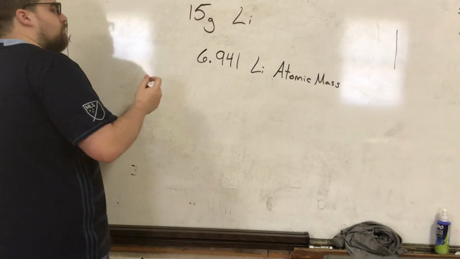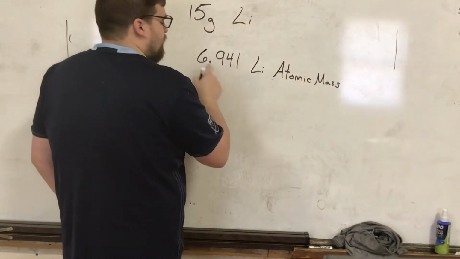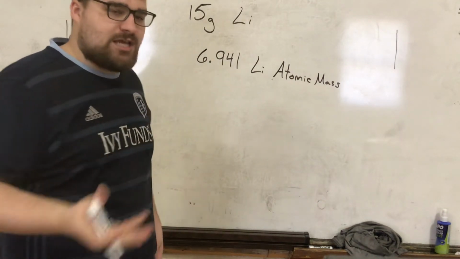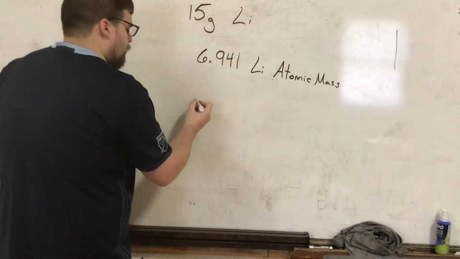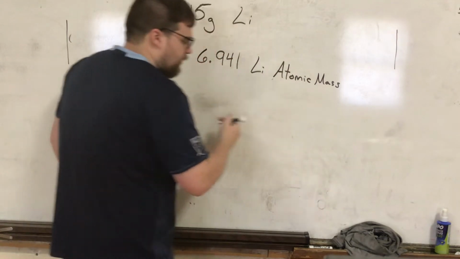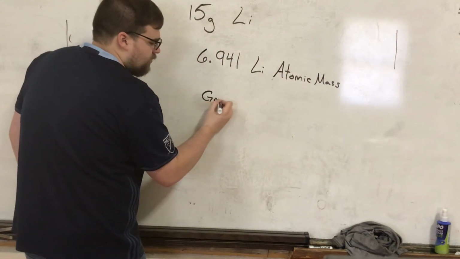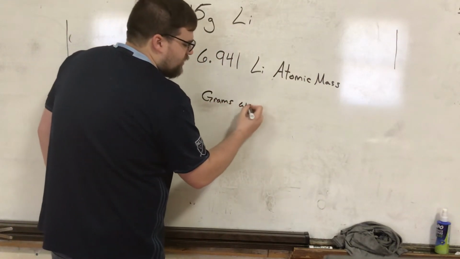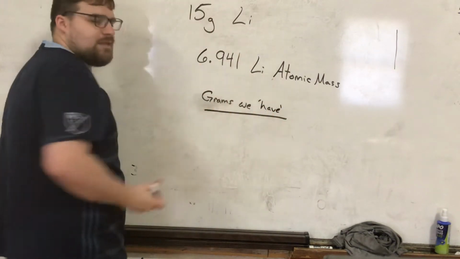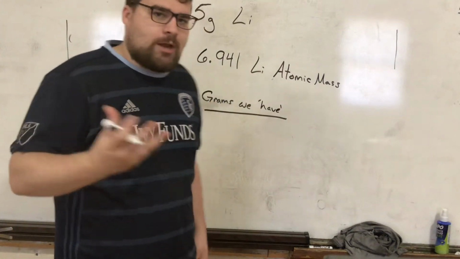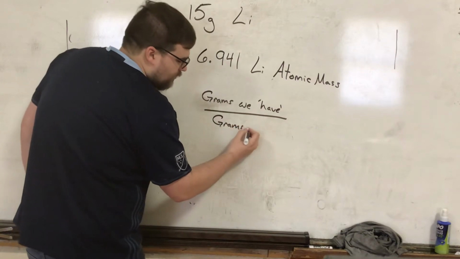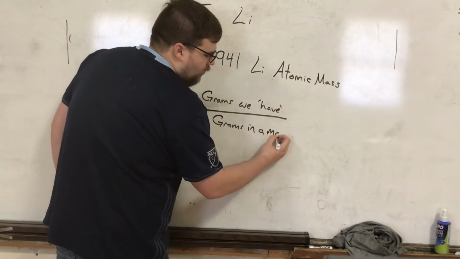So if we have 15 grams, and we know there's 6.9 grams in 1 mole, and we want to know how many moles we have, we just set up a simple division problem. Here's how I like to think about it: the grams we have, the grams the problem tells us we have, divided by the grams in a mole.